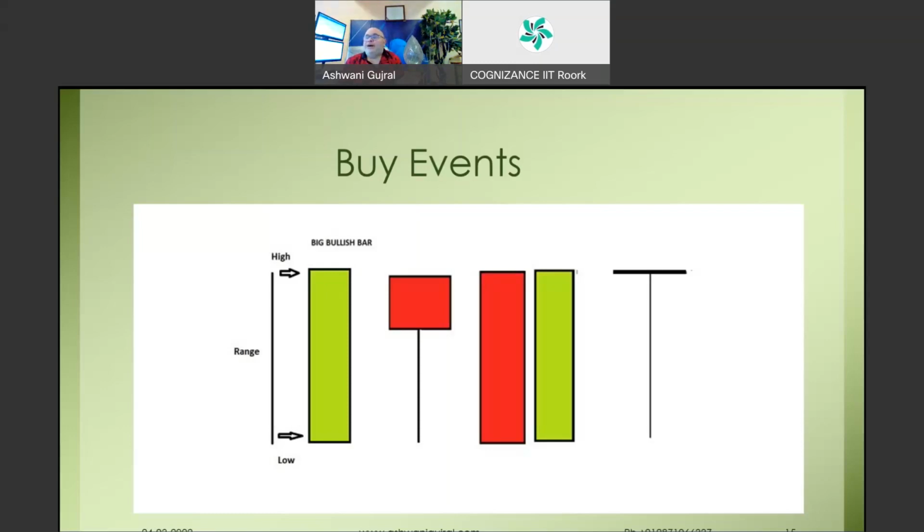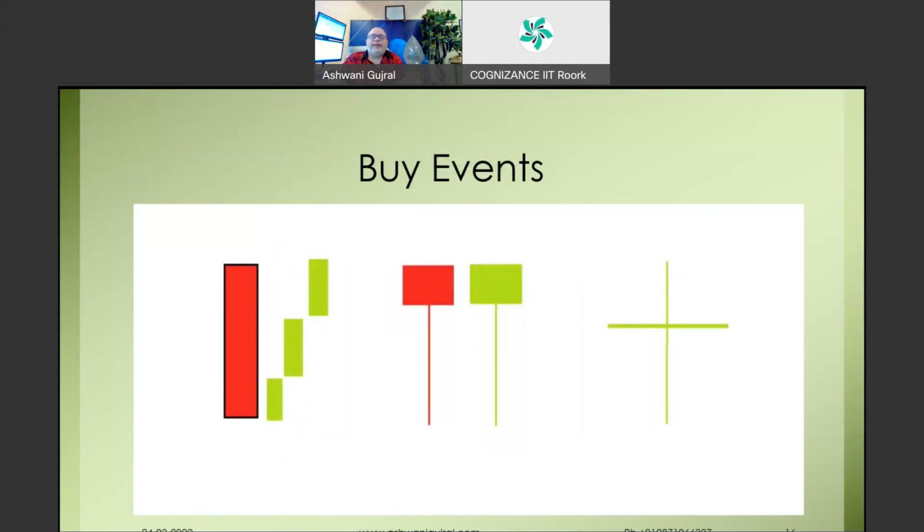Now, one thing is the buy event. Second thing is location, which we will have another webinar to do that. But right now, I am just giving you events which should allow you to buy. Again, you have a big red bar, but it is being cleaned out by multiple green bars. So even this is a buy event.